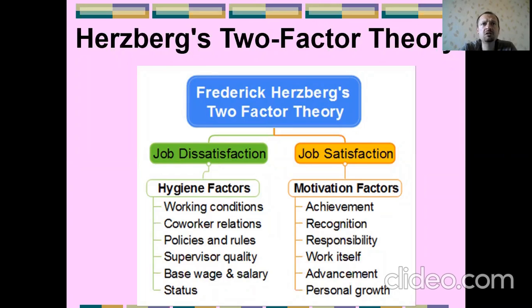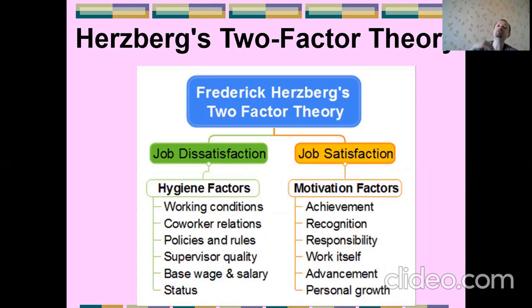But if you don't have these factors, for example, if working conditions are not appropriate, you don't have a good PC, you have an old one, and it is awful for you, and you ask your boss to change it. And if your chief says no, it will lead to your dissatisfaction.